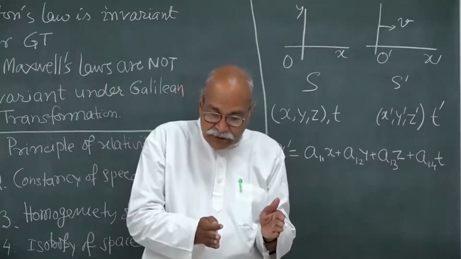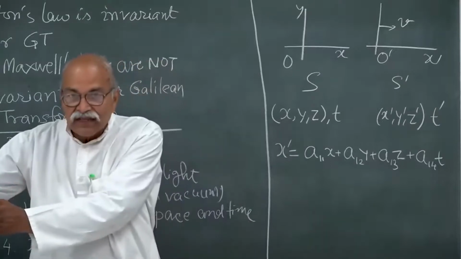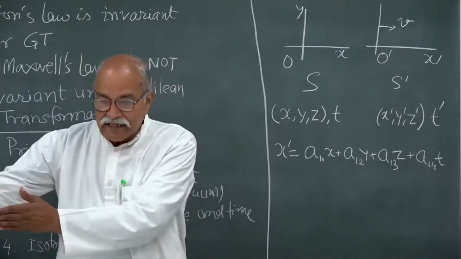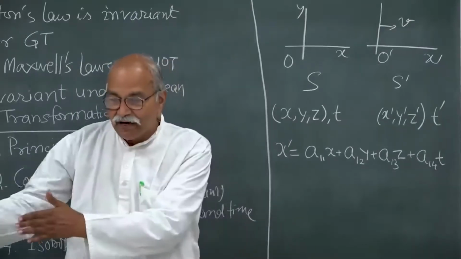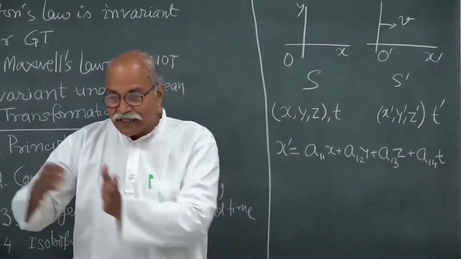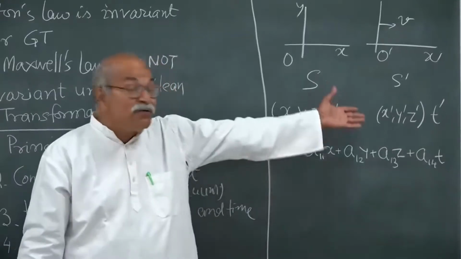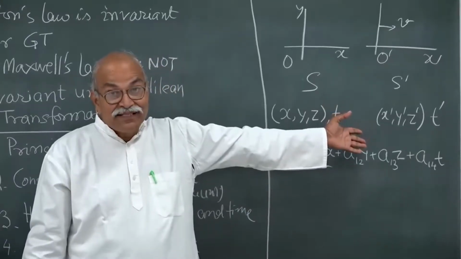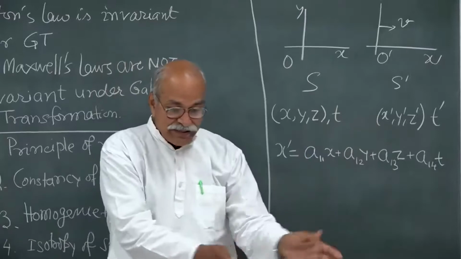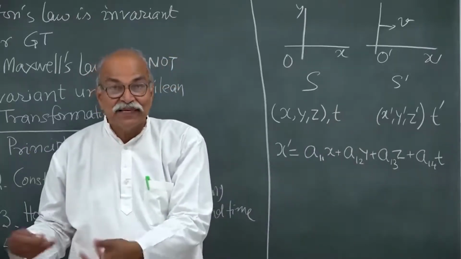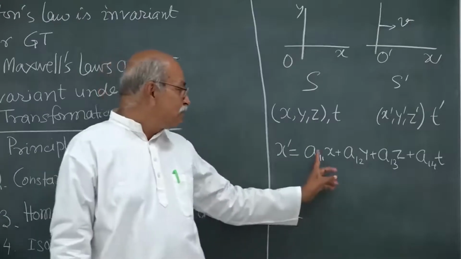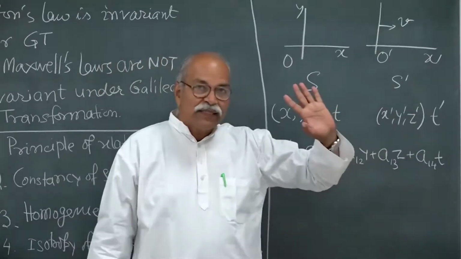If the same thing is happening somewhere else and x becomes x plus alpha and y becomes y plus beta and squares are involved, then what is happening here and what is happening there is different. So, homogeneity of space is violated. So, first power. That is one thing.